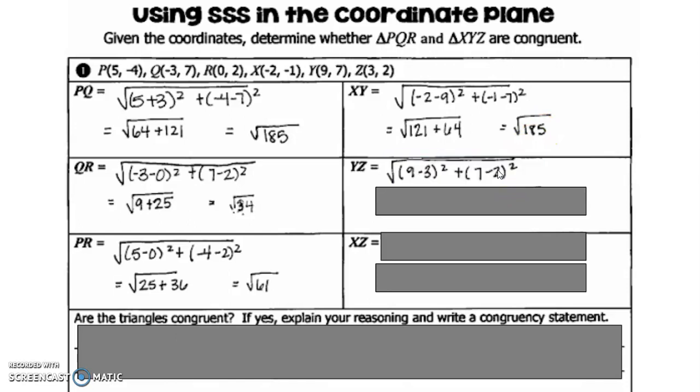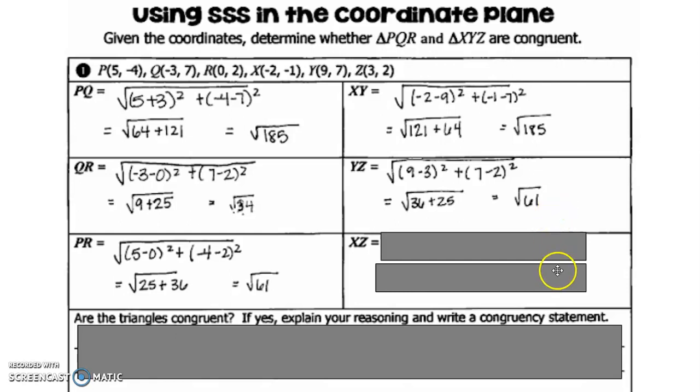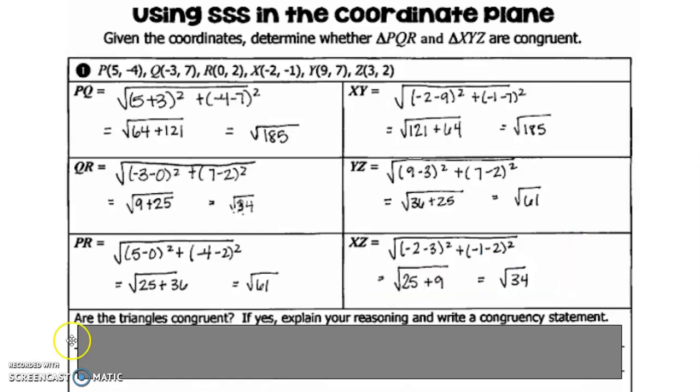So we're going to write that out with our distance formula, 9 minus 3 squared plus 7 minus 2 squared. We're going to take the square root of that, and we're going to find that that's the square root of 61. Last but not least, we are doing XZ. So we're going to do the square root of negative 2 minus 3 squared plus negative 1 minus 2 squared. We are going to find that that simplifies down to the square root of 34.